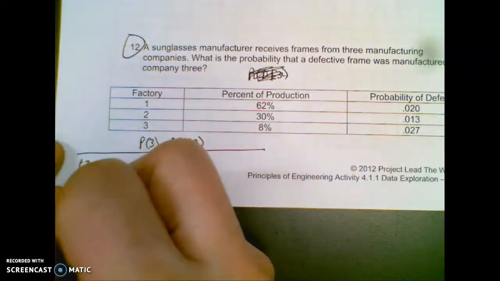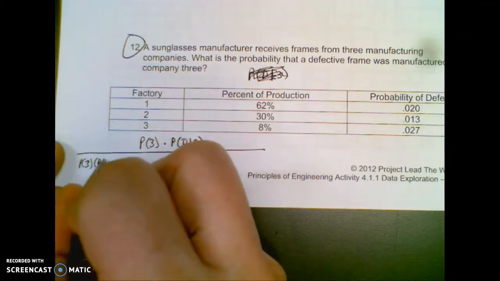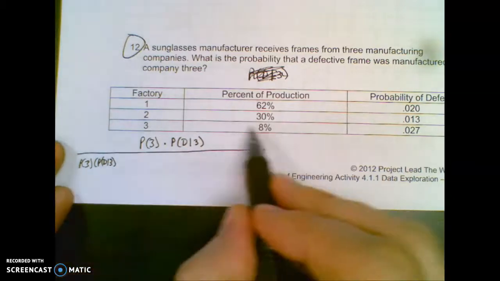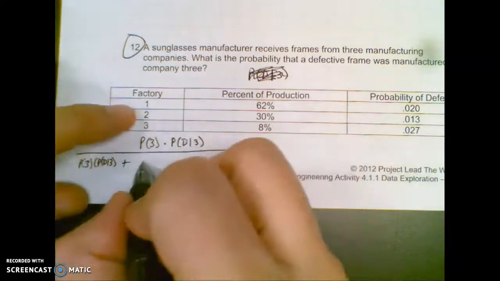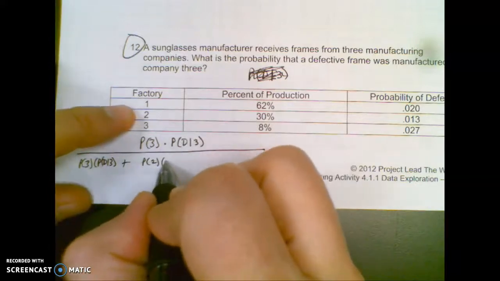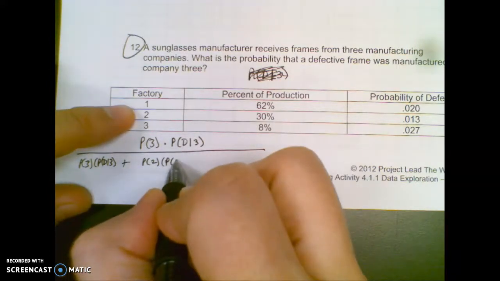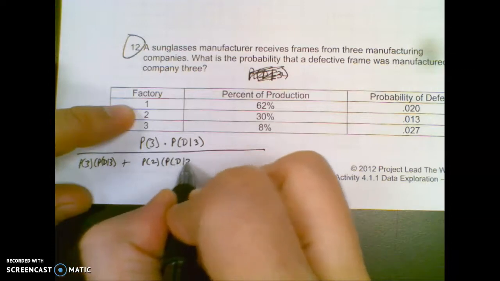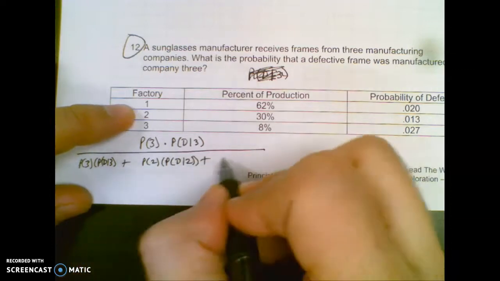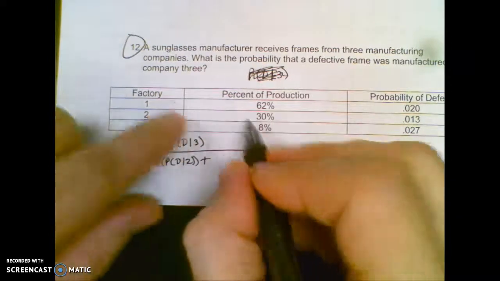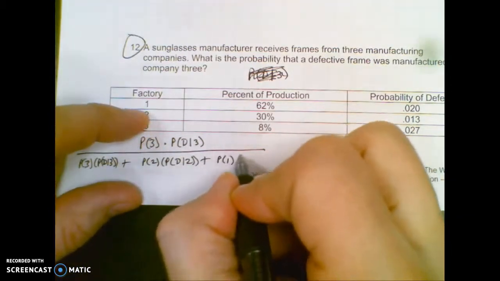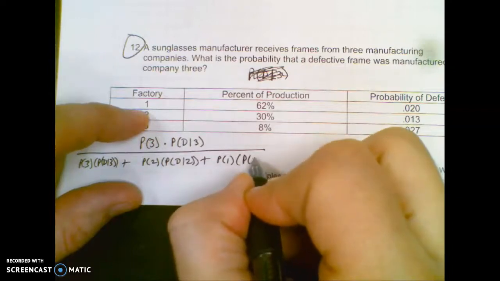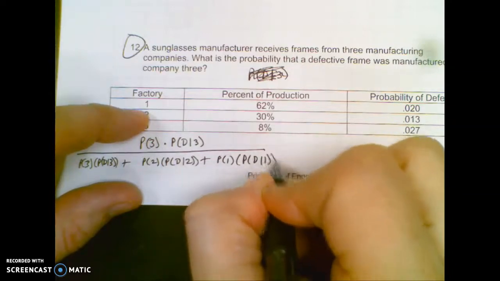It looks worse than it is, especially when we write it like this. Basically, you're taking the probability from plant 3 times its defects, plus the probability it came from 2 and its defect rate given 2. And then lastly, what if it came from factory 1? The probability it was even from factory 1 times the probability it was defective if it came from factory 1.